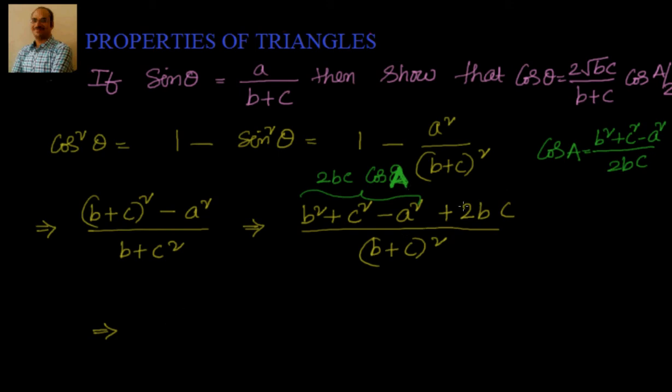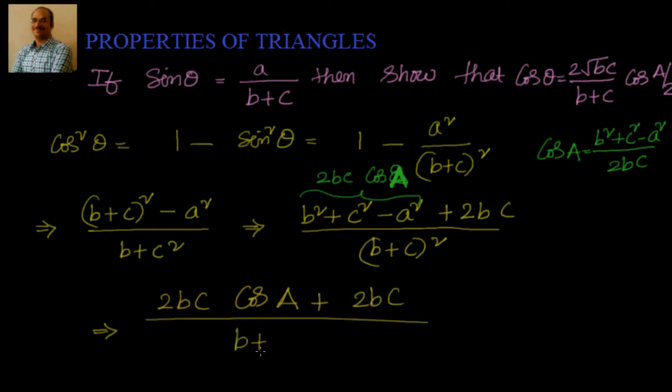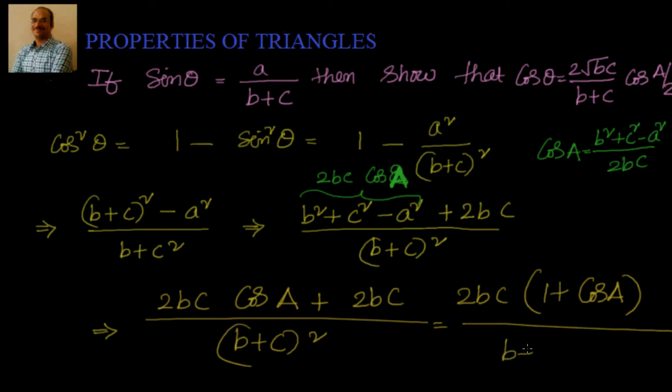If I take this as 2bc cos a, this becomes 2bc cos a plus 2bc by b plus c whole square. That's nothing but 2bc into 1 plus cos a divided by b plus c whole square.